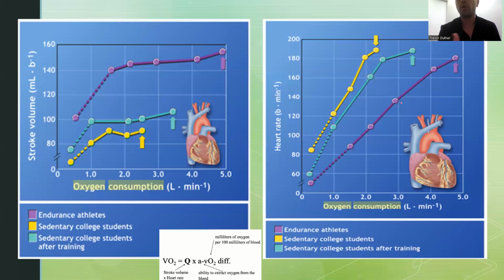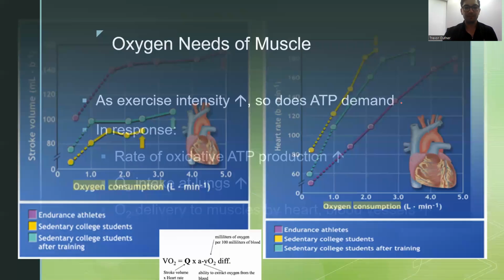And that's why stroke volume is so important. That's why stroke volume adaptation is so prevalent in aerobic training, because you need to allow that heart time to relax and supply itself with blood.